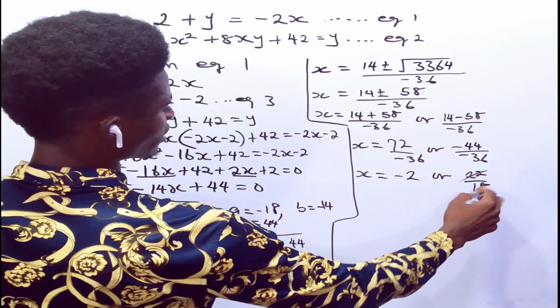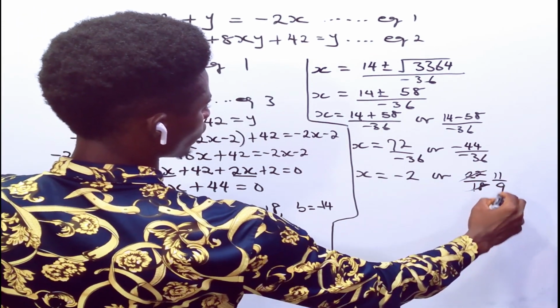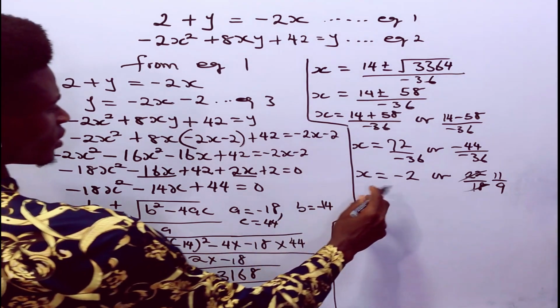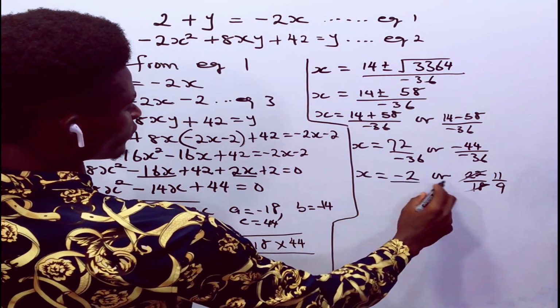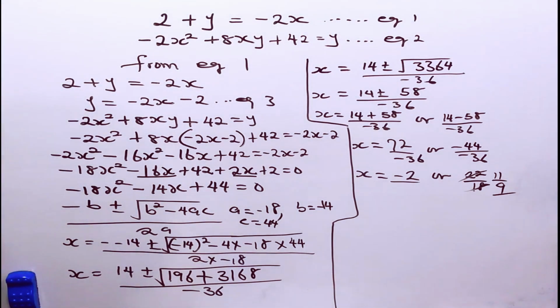And of course, we can divide 22 over 18 further as 11 over 9. So the first value for x is negative 2. The second value for x is 11 over 9.